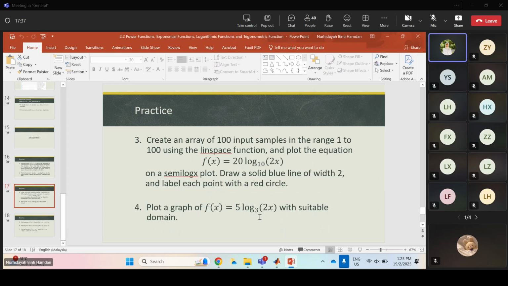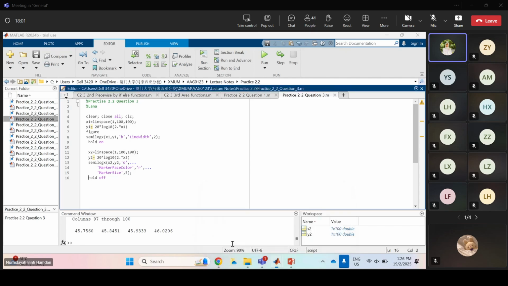This one needs a bit of mathematical theory. You have to convert log base 3 into log base 10 or natural log. Do you remember how to do it?